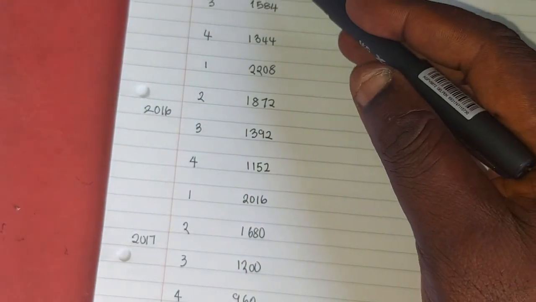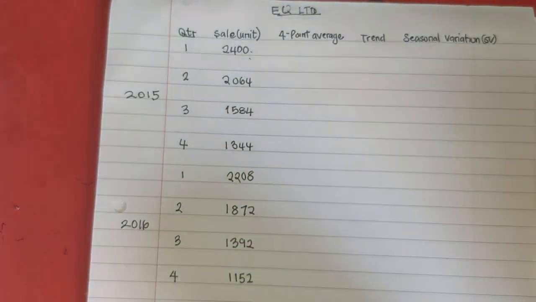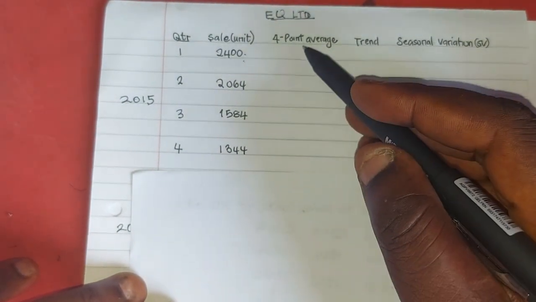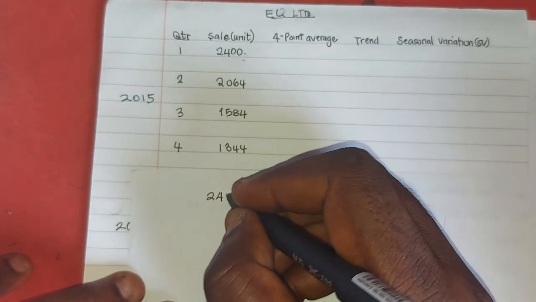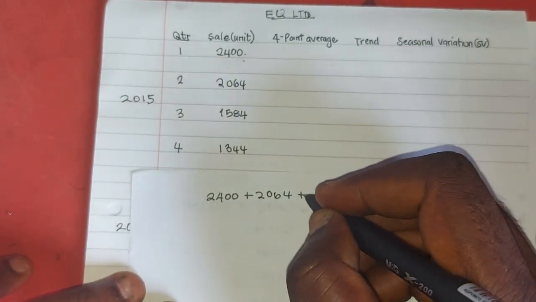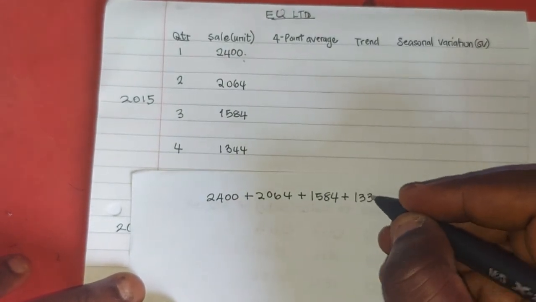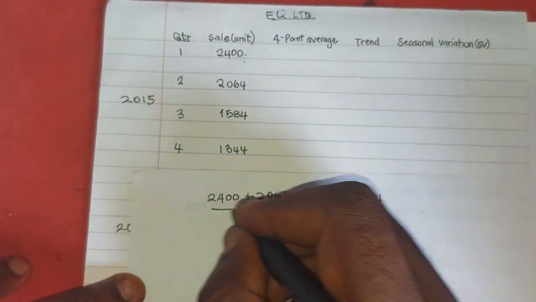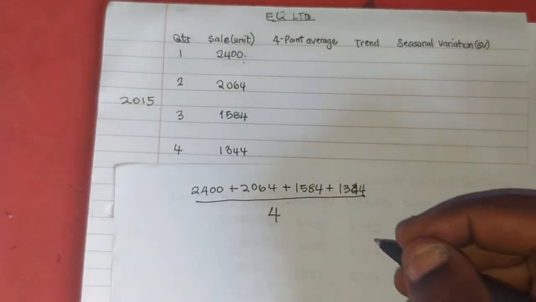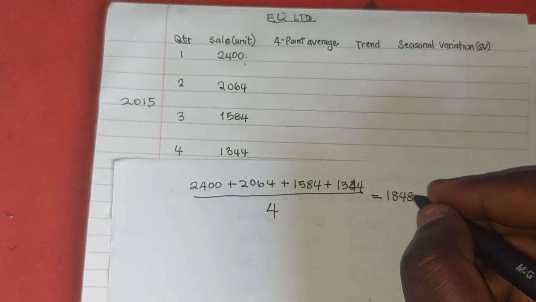Now, having done that, you pick up your calculator. You will add 24. That's the first one. The first sales will be added in this manner. To calculate the 4-point moving average, you have 24 plus 2064 plus 1584 plus 1344 divided by 4, and that will give you, from my calculator, 1848.